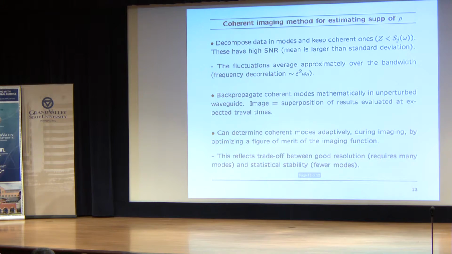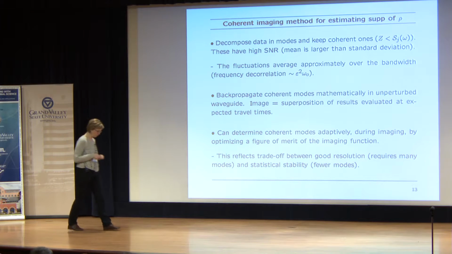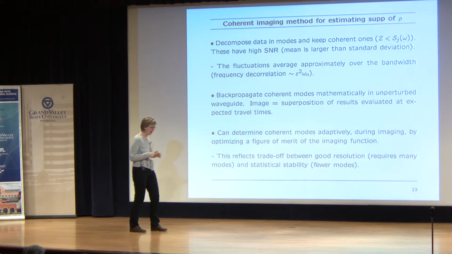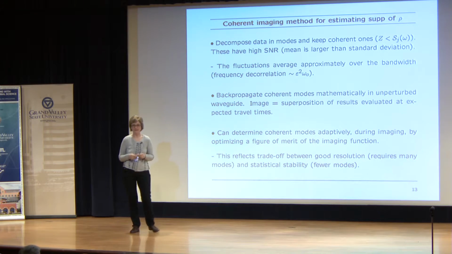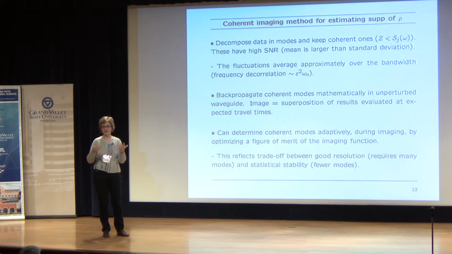Okay, so what do we learn from this? Let's go back to coherent imaging methods. The idea here is that we would like to devise a robust imaging method, which, as I said, is: take the wave, time reverse it, send it back with a model, and then see how the image forms.